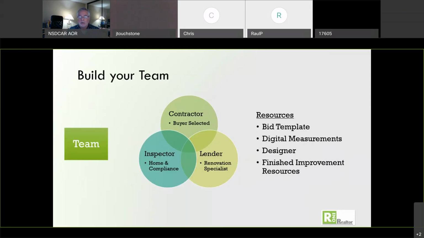We can start working with an additional resource like bringing an interior designer on board. I work with interior designers on makeovers. We actually have some relationships with some home improvement organizations, sort of the Costco of home improvements. So we have a couple of design centers that we could send potential buyers to start looking at finished improvements.